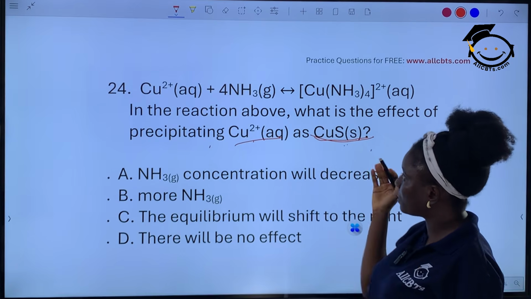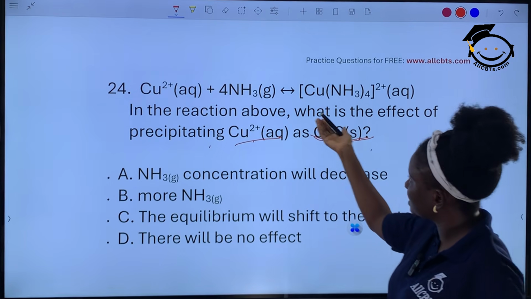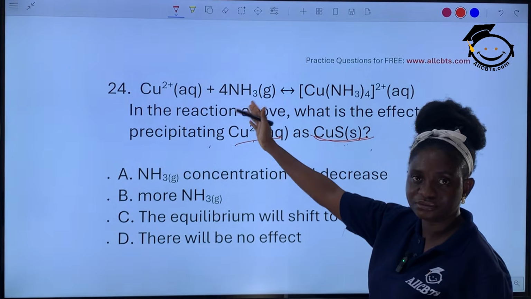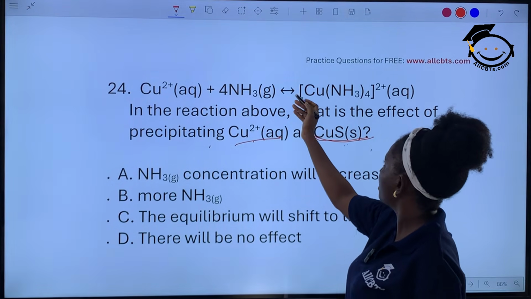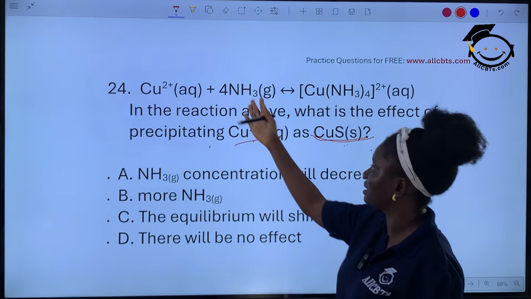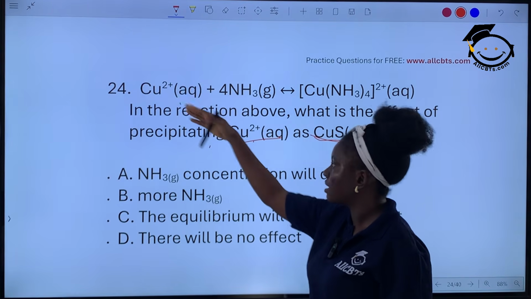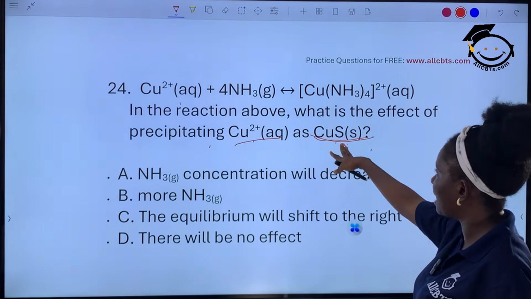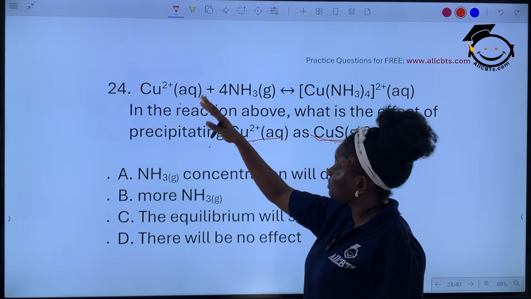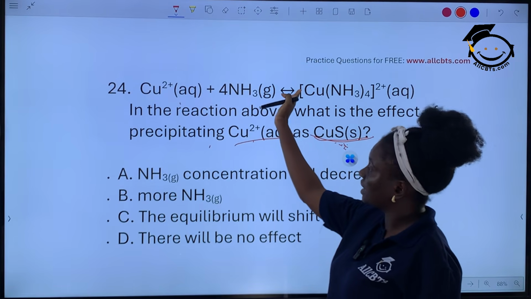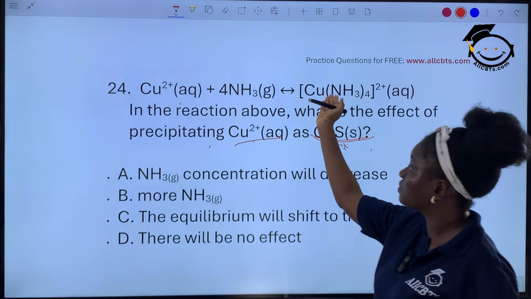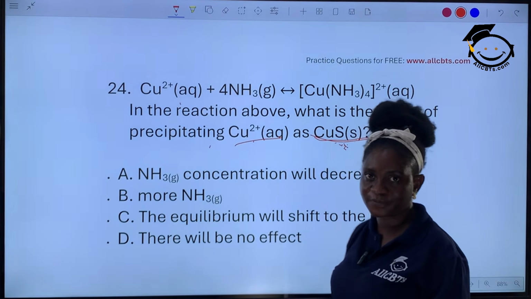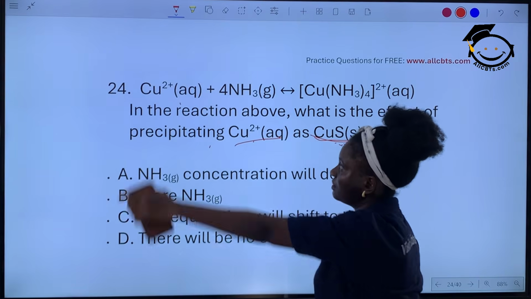So what will happen? This equation is a reversible reaction, we can see. But in a situation when you precipitate copper with this copper sulfate, the effect is that the reaction will shift, equilibrium will shift to the left, to this side.